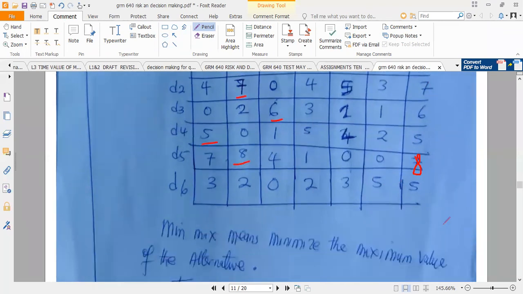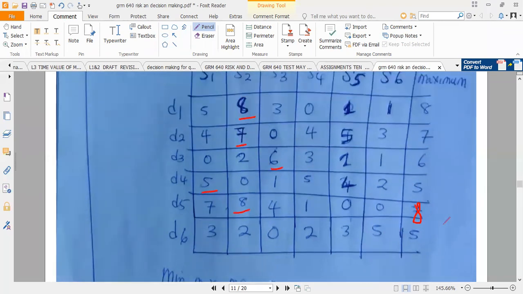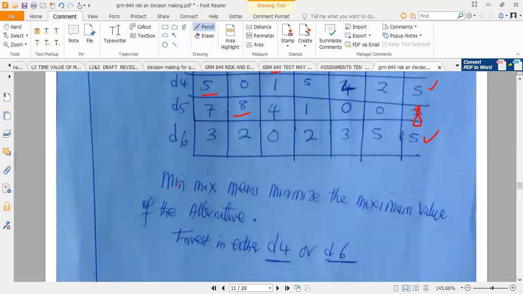So we have two, D4 and D6. Good. So you pick the minimum, D4 and D6. So using the min max, it means we are minimizing the maximum regret of the alternatives. So D4 and D6 are our choices to make our decisions.